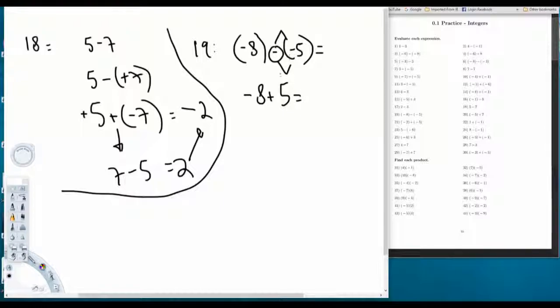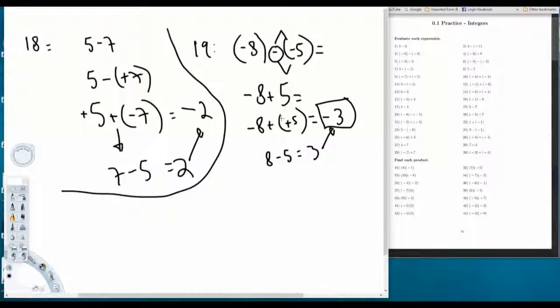Because when you minus a negative, it becomes a positive. So we have minus 8 plus positive 5 equals. Now we're back to an addition. You see I'm always bringing it back to an addition. The biggest sign is negative, so we put that there, and then we subtract both numbers. Equals 3. So therefore the answer is negative 3.